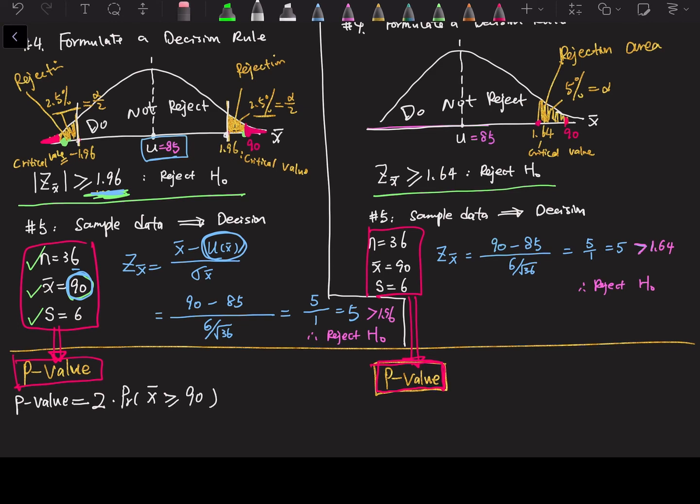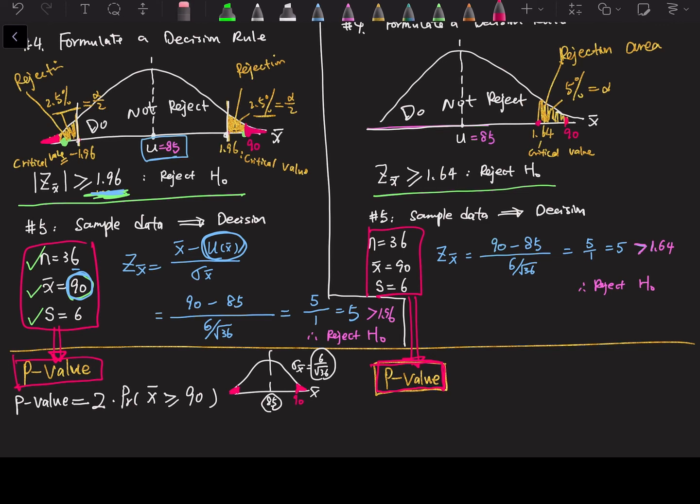Right, so you know x bar follows a normal distribution. You know the hypothesized population mean is 85. So you know everything. The average of x bar is 85 and the standard error of x bar equals 6 over square root of n. So you know the mean and the standard error, and you know the value of x bar is somewhere here, 90. And then you can easily calculate the probability that x bar is greater than 90, and then multiply by 2 to get this p-value.